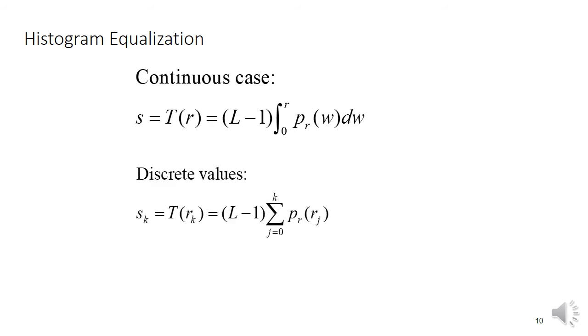But as far as discrete input intensity values are concerned, Sk equals the transformation of R of k, which is equal to L minus 1 times, now the integration becomes summation, the summation of P of R of R of j, where the range of j is from 0 to k.